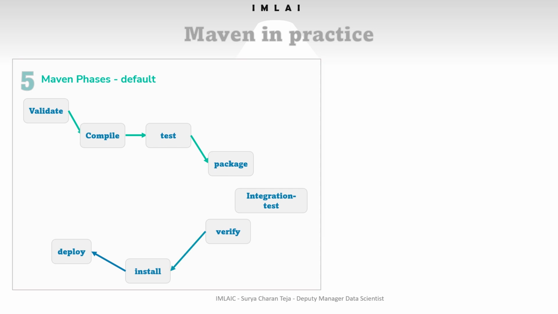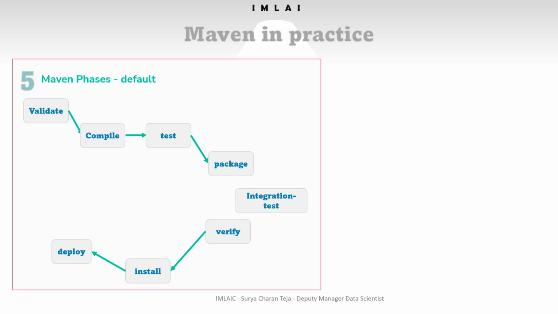Then we go for the install phase: install the package into the local repository for use as a dependency in other projects locally. The final one is deploy. It is done in an integration or release environment, and copies the final package to the remote repository for sharing with other developers and projects.